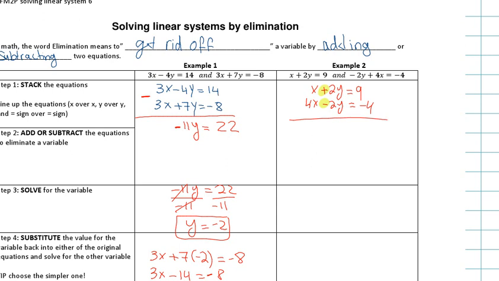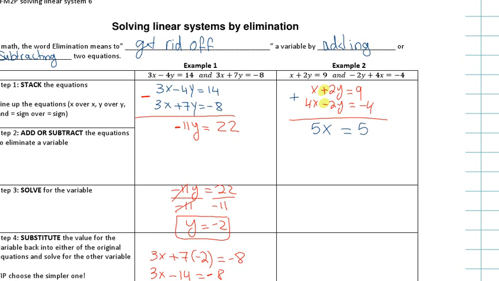So when I add, what do I get? X plus 4x is 5x. The 2y plus negative 2y is zero. Is equal to 9. Are we following? Yes.